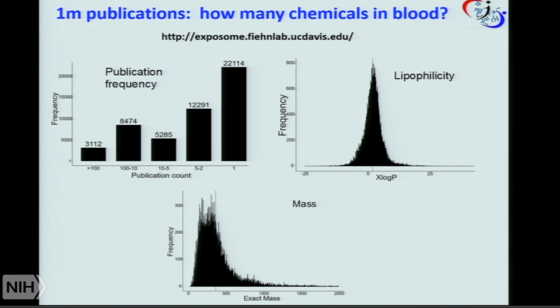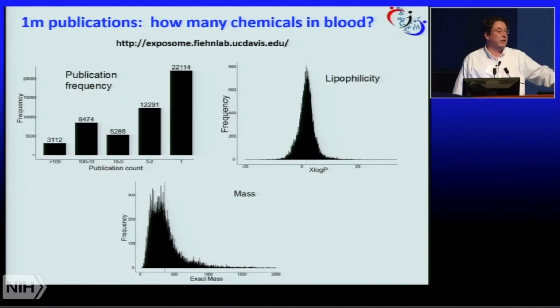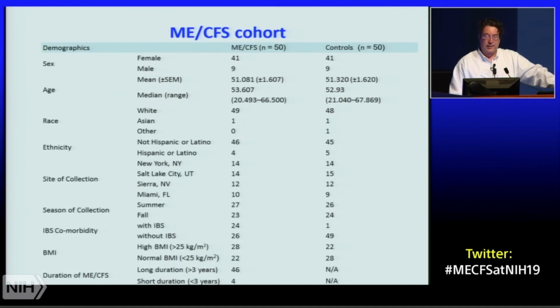And there are 3,000 compounds that have been found more than 100 times. So these are very likely the classic metabolome that we should look in the blood. But there's also 21,000 compounds that have been published at least once in blood. Many false positives will be in here, but not only false positives. So that gives us the first time the idea of how big the metabolome is.